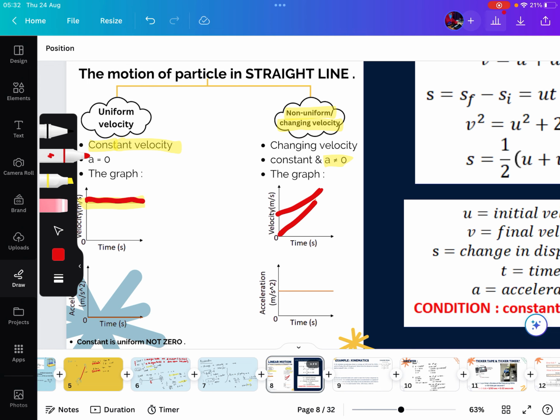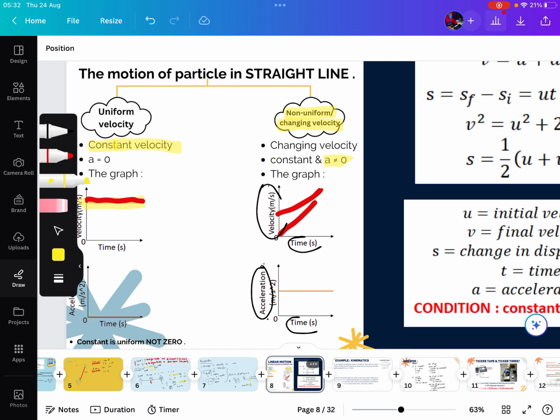So you need to take a better look at the axis. This is velocity against time, so it is a straight line. But for acceleration against time, it is a flat line, so it depends on the axis. For a non-uniform or changing velocity, there is acceleration, but the acceleration is constant.